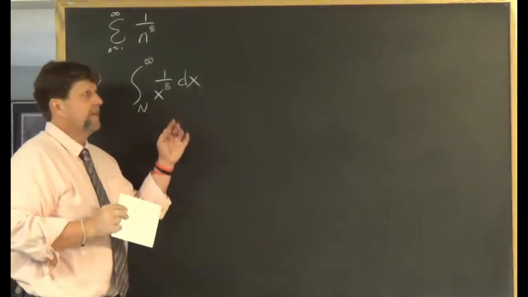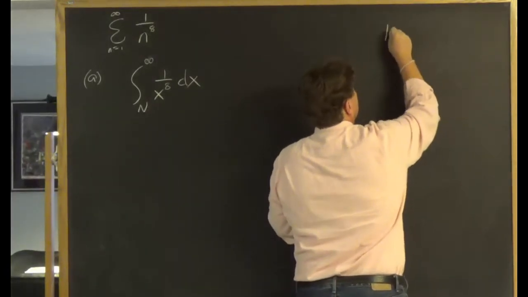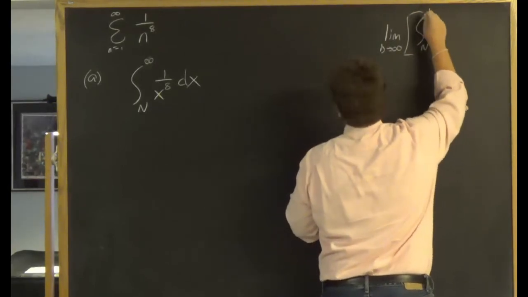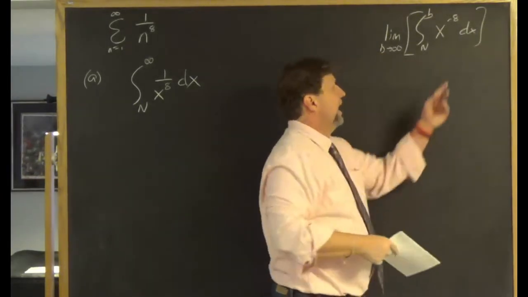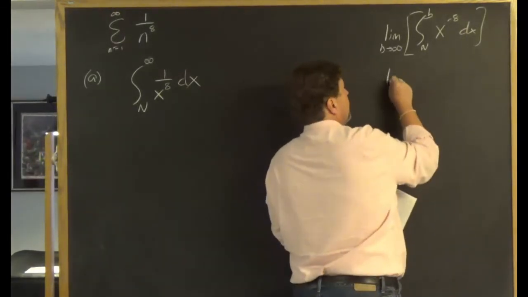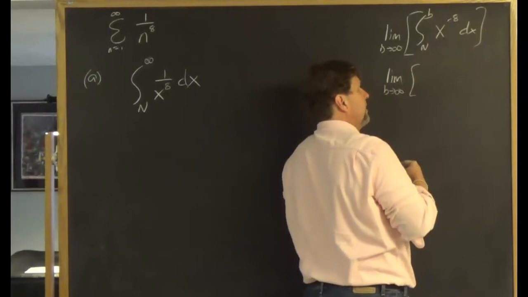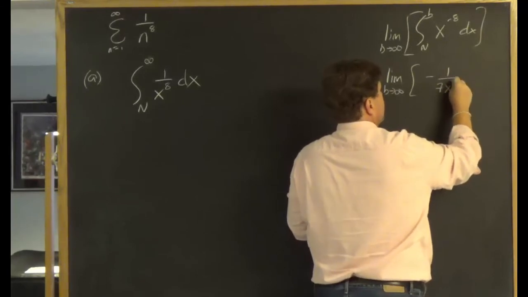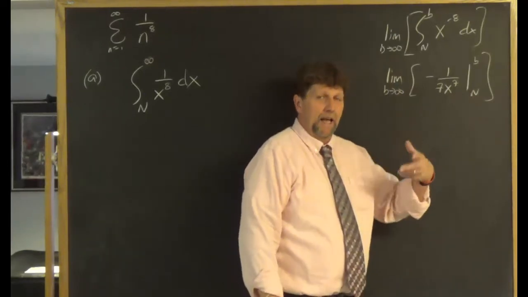So to determine what this actually is, let me come over here to the side. I'd look at the limit as b goes to infinity of the integral from n to b of 1 over x to the 8th dx. I rewrote 1 over x to the 8th as x to the negative 8. We can get an antiderivative: the antiderivative of x to the negative 8th is negative 1 over 7 x to the 7th, that is, negative 1/7 x to the negative 7th.